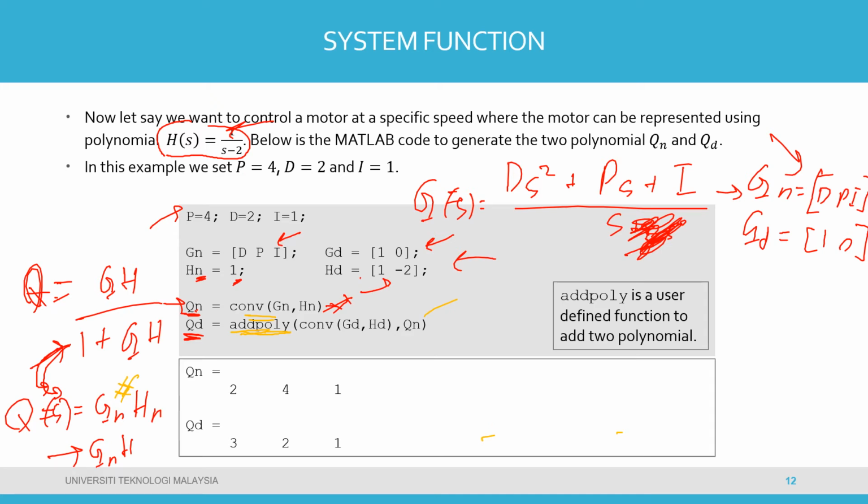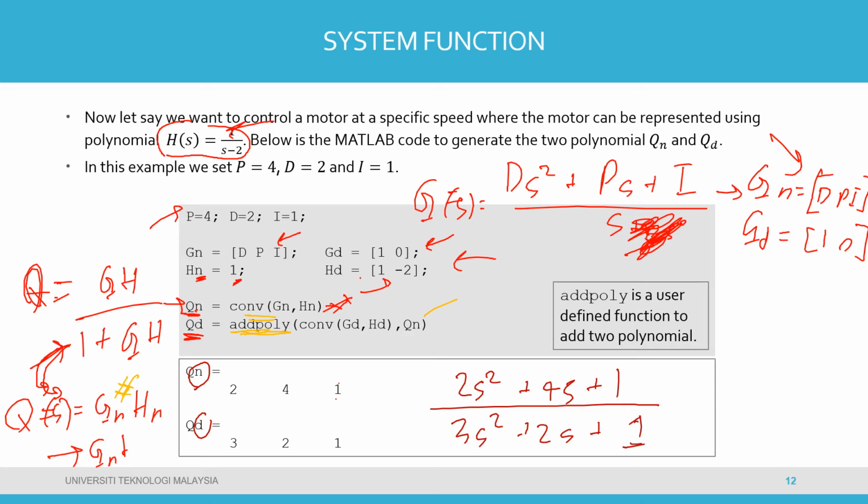Okay, let me delete this. How to change this back. So remember that this one is power of, not x, s. For this one you use s. So s power 0, 1, 2. So 2s squared plus 4s plus 1, divided by, remember this is numerator, this is denominator, 3s squared plus 2s plus 1.